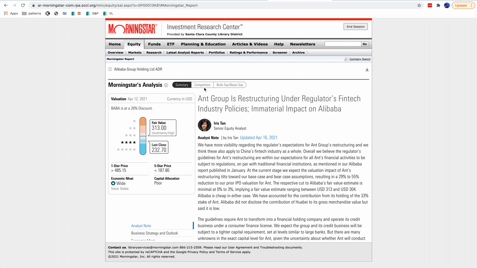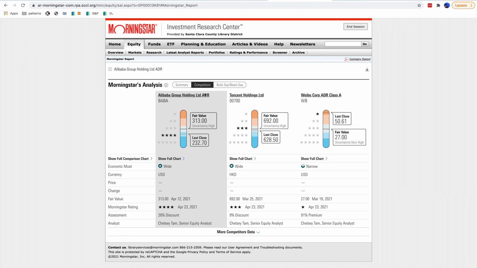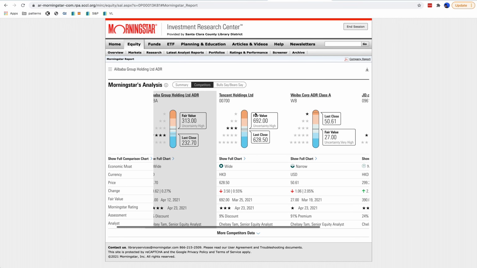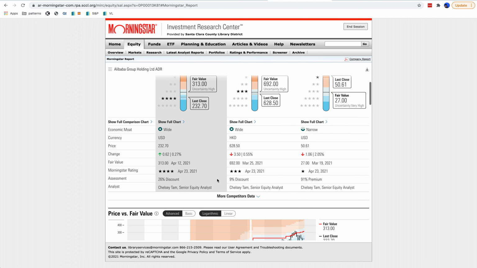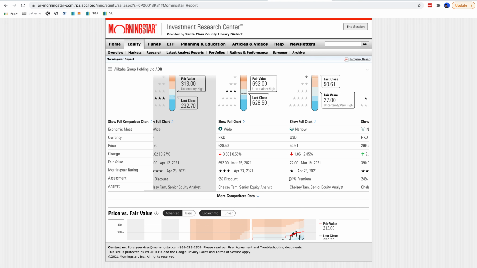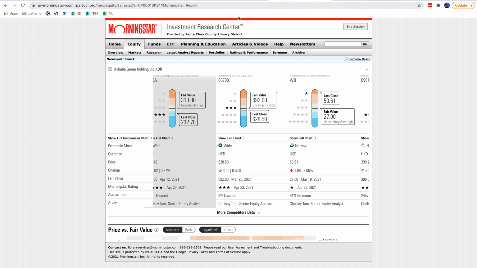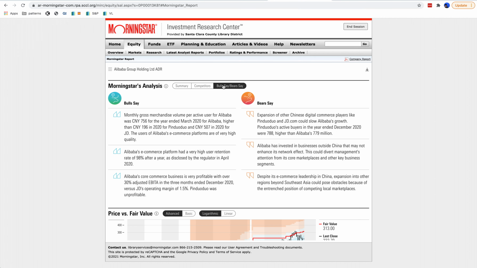That's pretty helpful. I also really like this feature that gives you a side-by-side comparison of all the different companies it competes with and how they compare, overvalued, undervalued, et cetera. And they also really helpfully give you reasons to like it and reasons to not like it.